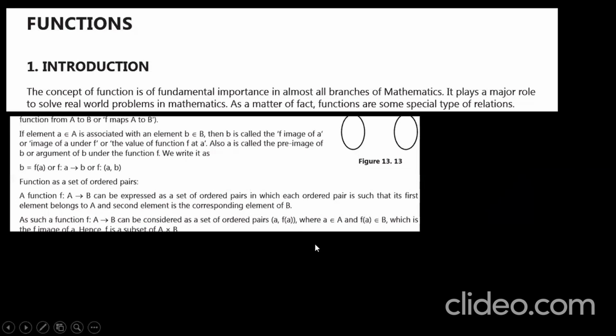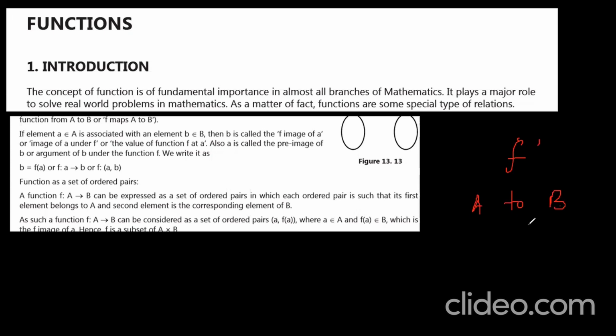What is a function? If you see the function definition, like a relation, you take first. F is a relation I am taking. If F is a relation from set A to set B, it is said to be a function or mapping, or correspondence.